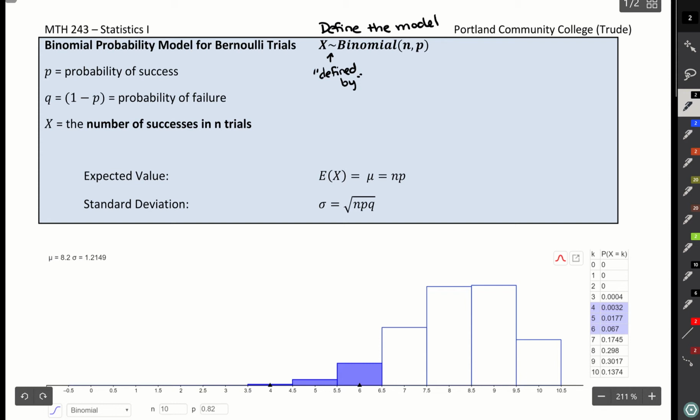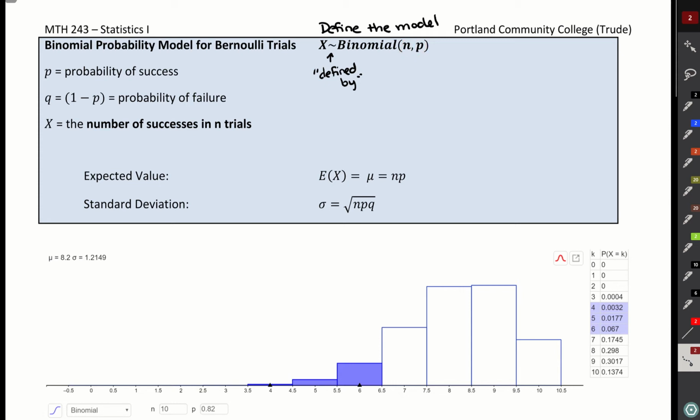And then what we're saying is that this is a binomial model with a certain number of trials with this probability of success. So reading this as a sentence, our number of successes is defined by a binomial model where we have n trials and p is our probability of success.